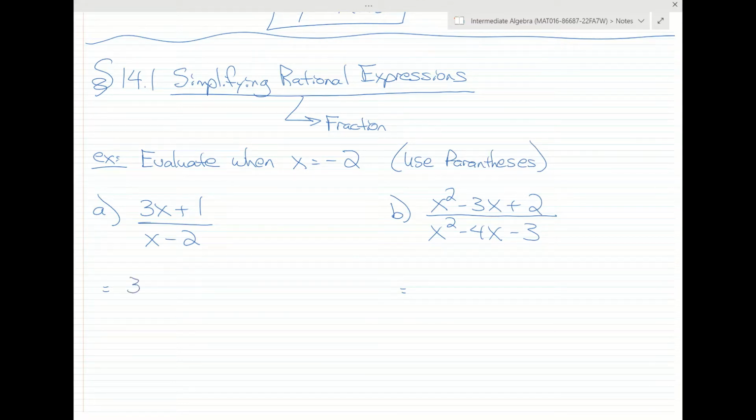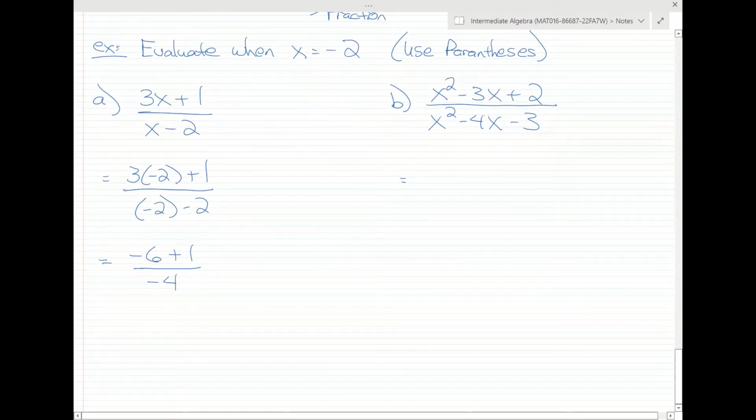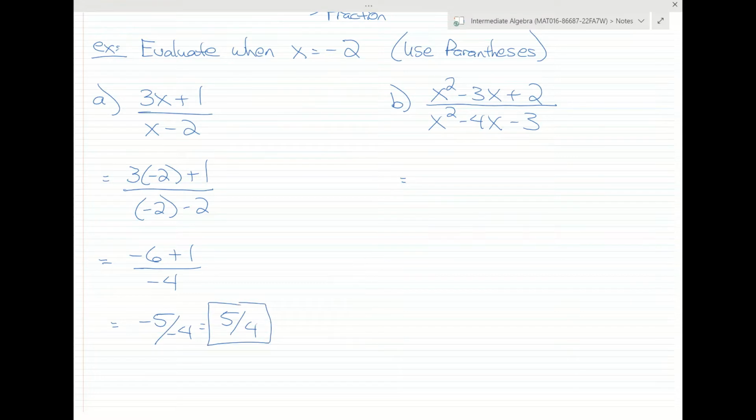So 3 times -2 plus 1 over -2 minus 2 gives us -6 plus 1 over -4, which reduces to just -5 over -4, or 5/4. So simply substitute in for x what the number is, and then solve it.